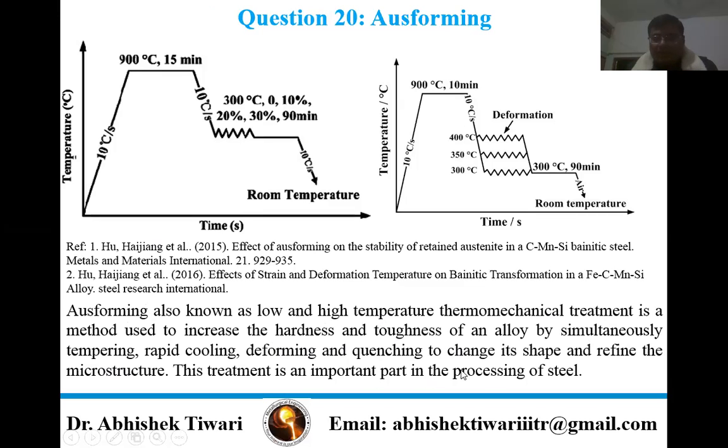This treatment is an important part of processing of steels. So here at 300 degrees centigrade, we are deforming like 10%, 20%, 30% for about 90 minutes, and then cooling again to room temperature. This can be at various temperatures, like 300 or 350 or 400. So this is a typical intermediate deformation step that is required in ausforming.